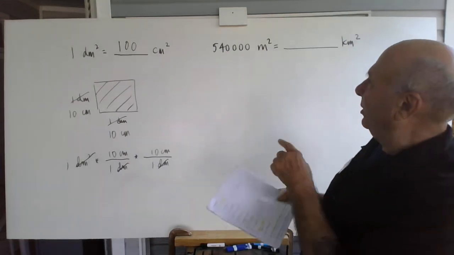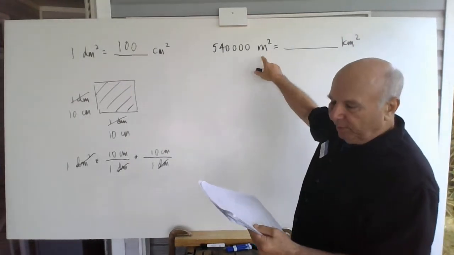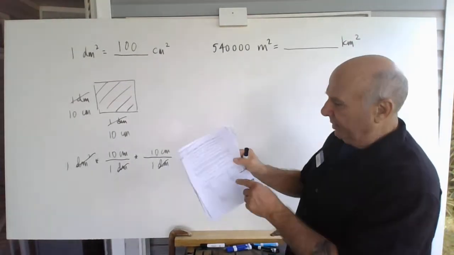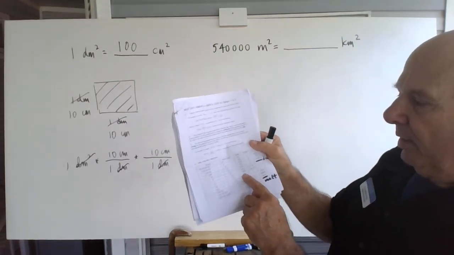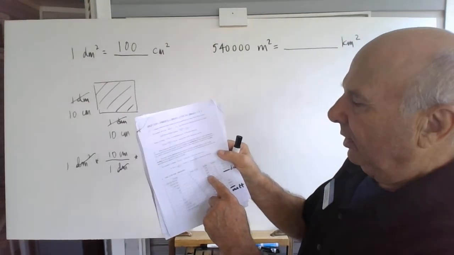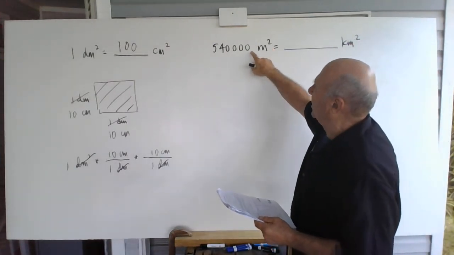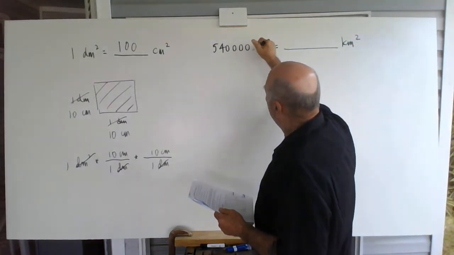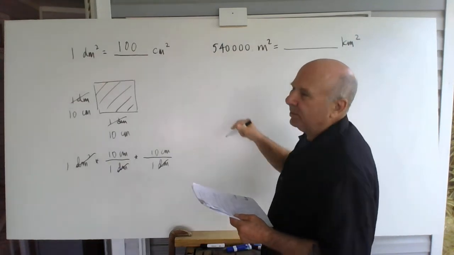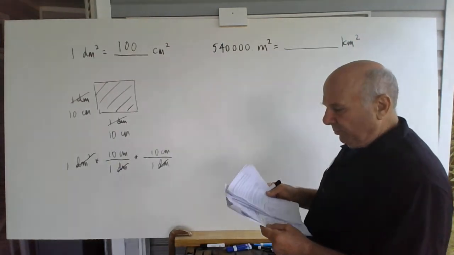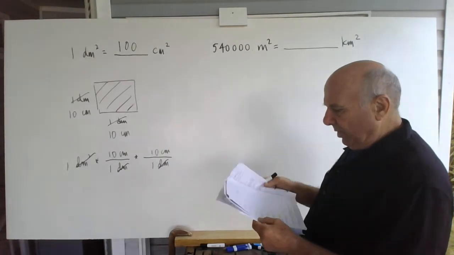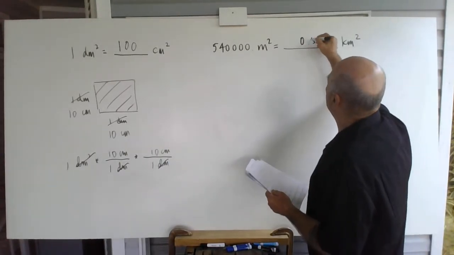Well, if I were going, remember now, meters is the unit. It's in the middle of your table. It's the unit. So if I go up to kilo, that's 3. But it's squared, so it's actually going to be 6. So starting here, I would move 6 decimal places to the left. So by that reckoning, the answer would be 0.54.